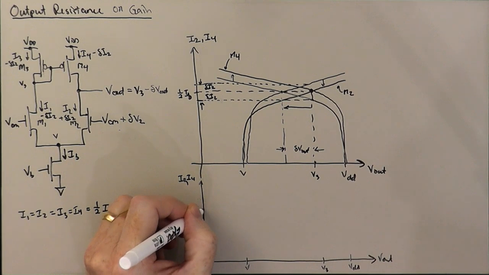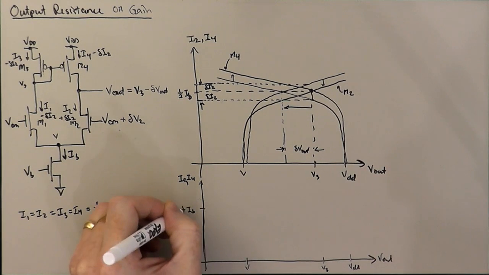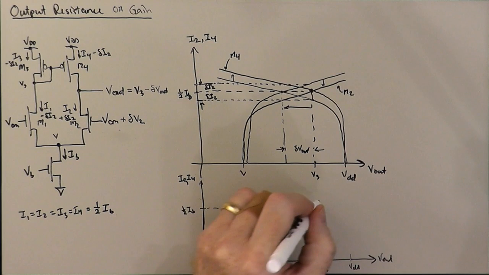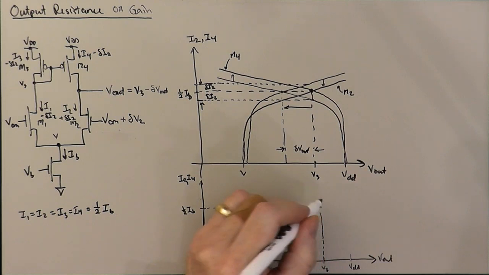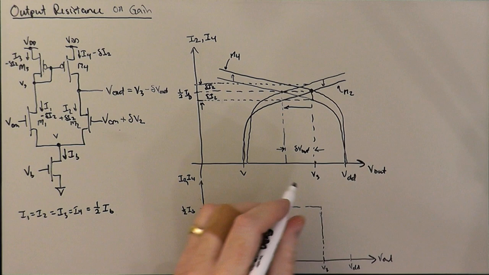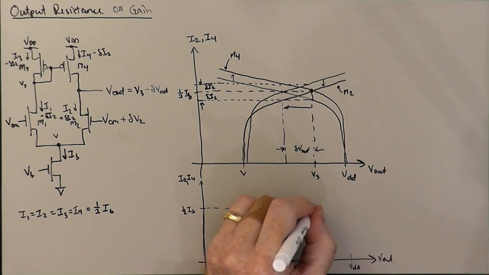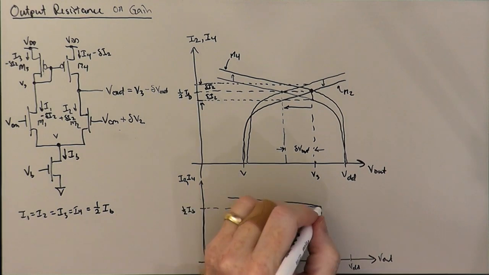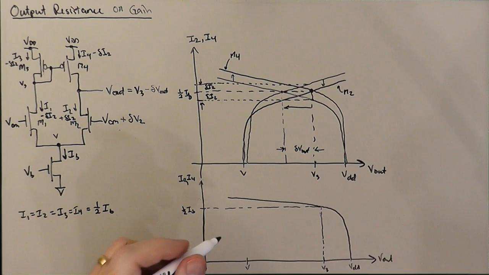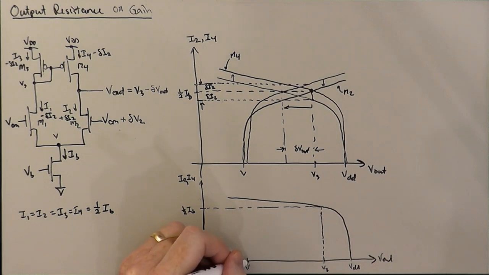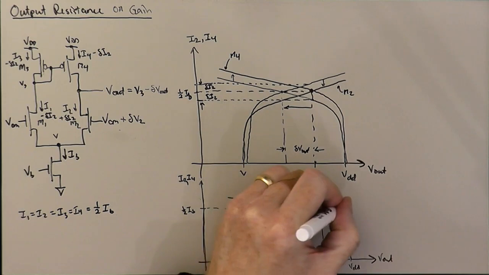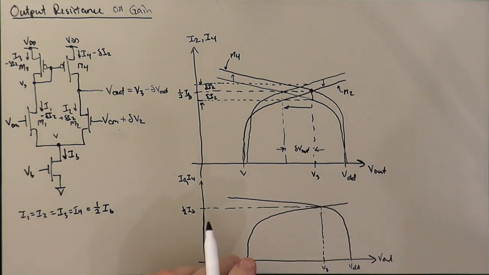Let's say this is our IB over 2. Okay, and so here is our M4's drain characteristic on a shallower angle. So this would be less significant early effect. And let's say this is our M2's drain characteristic, also on a somewhat shallower angle here.